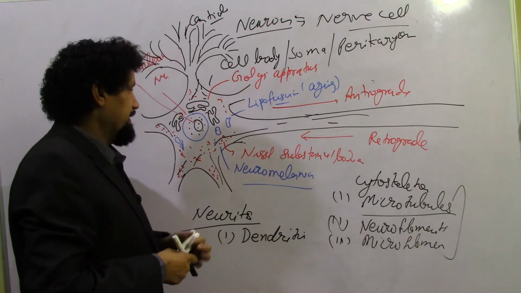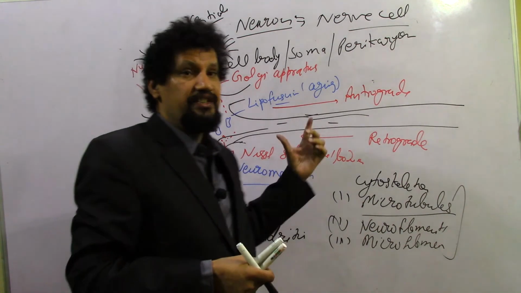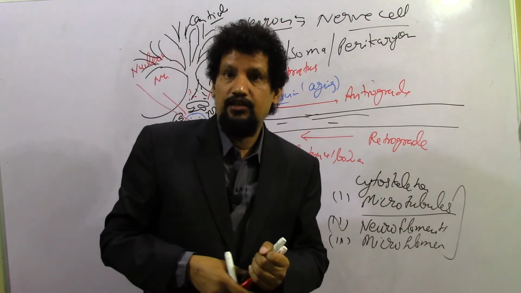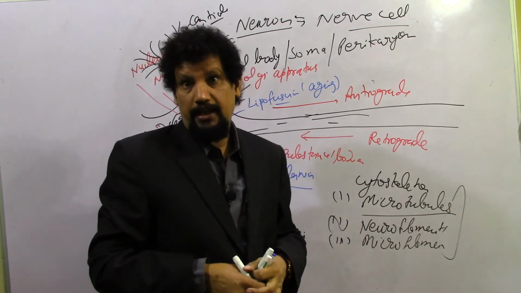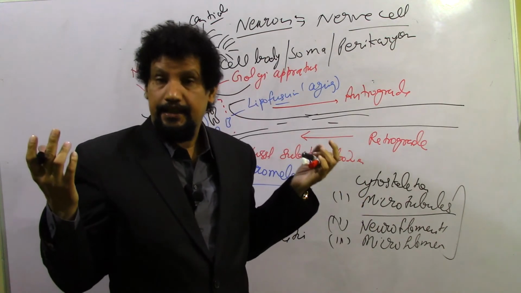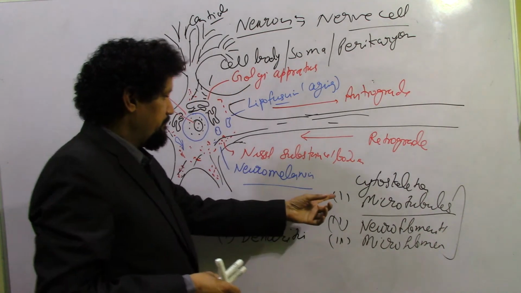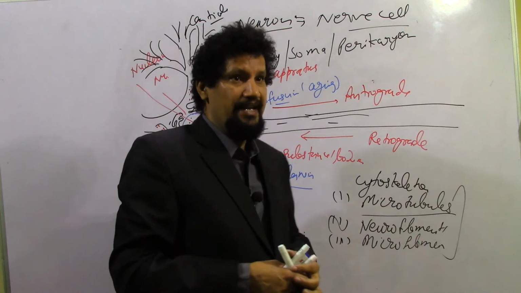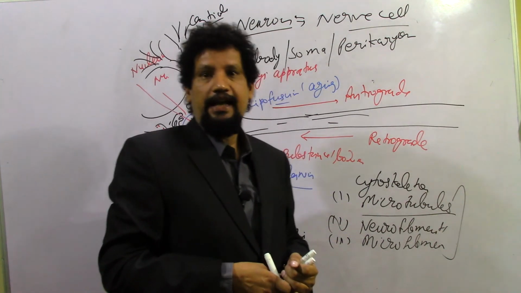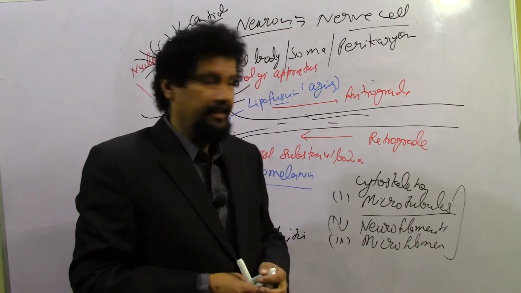Dendrites also have the Nissl substance, which is lacking in the single long process, the axon. The axon does not have the Nissl substance. And microtubule associated protein, MAP, is also lacking in the axon.